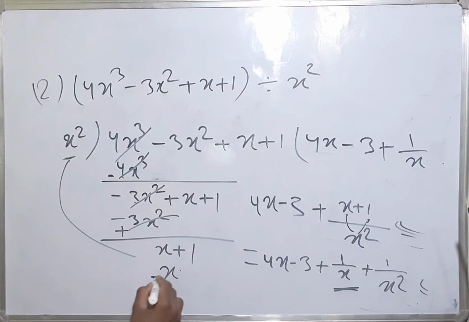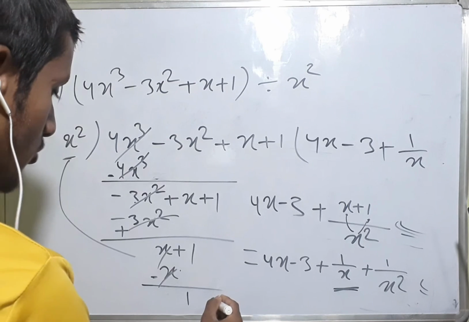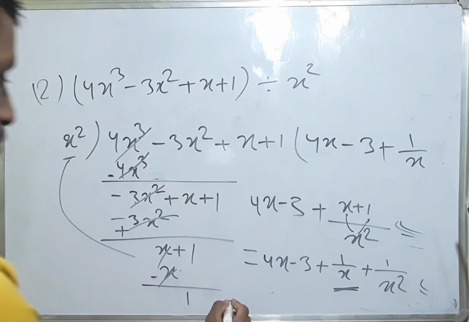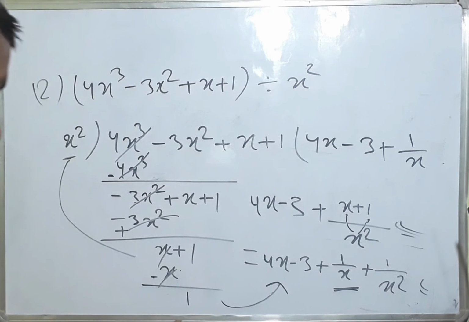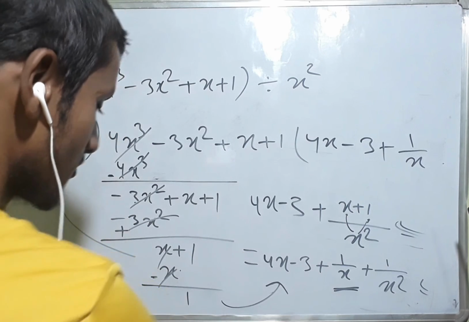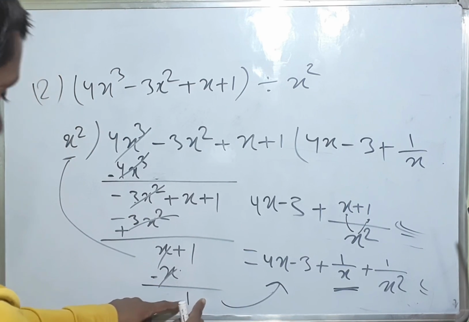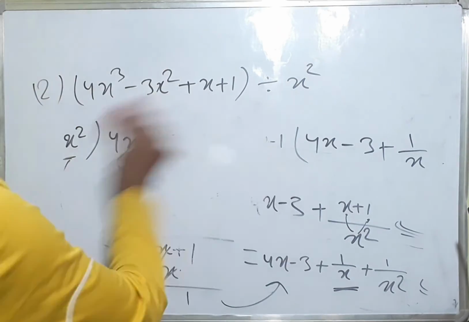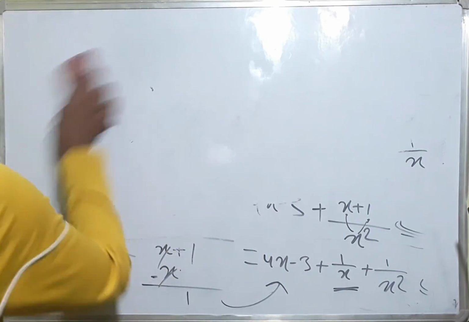Now, if these two cancel out and you have 1 as the remainder, this will be much more simplified than our previous form where we left this off. Now this can be rearranged like this: 4x minus 3, then plus 1 over x. The remainder is 1, so it should be 1 divided by x squared. So this was a simpler example in number 2 than our previous one.